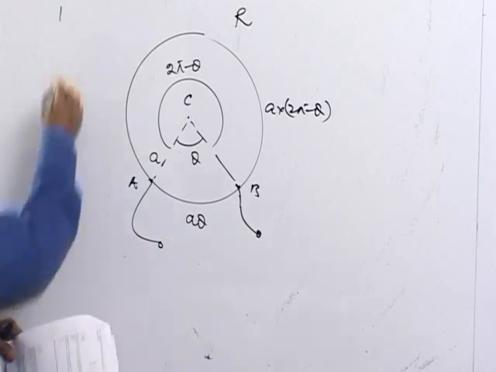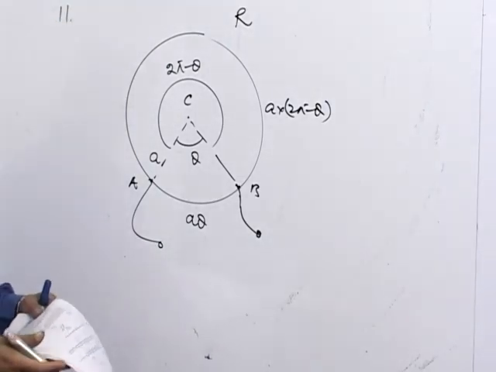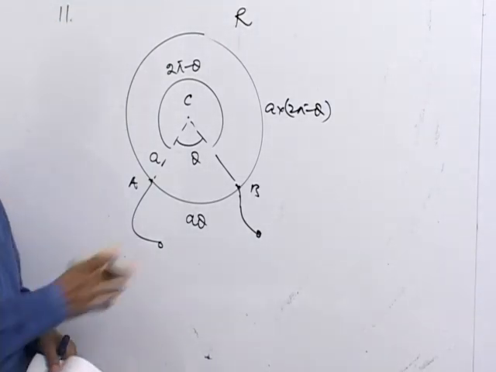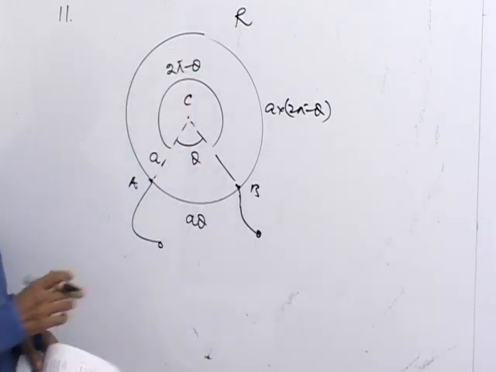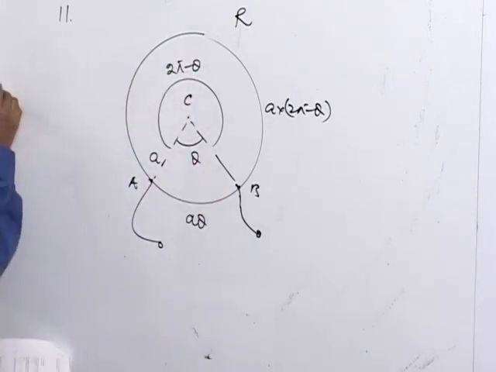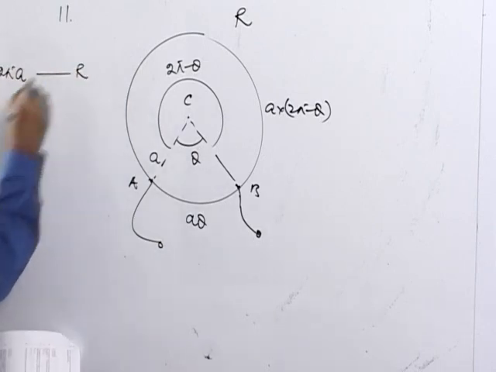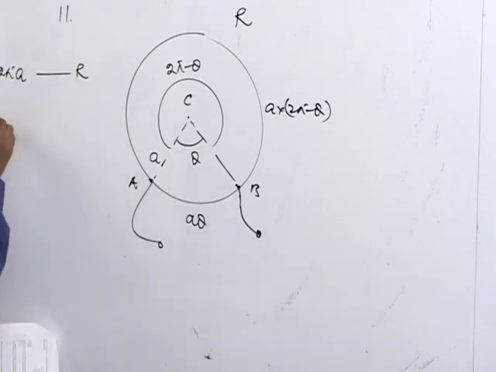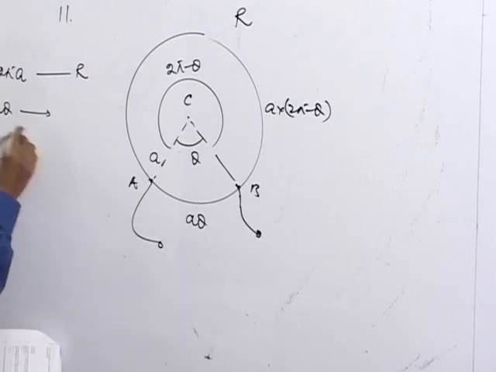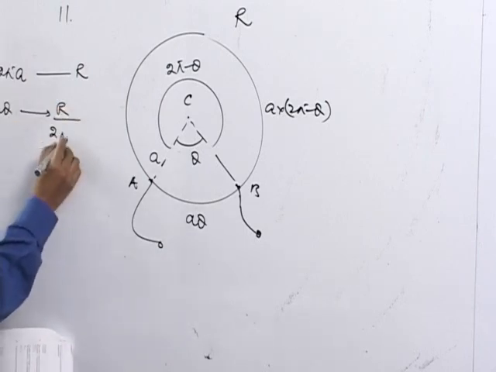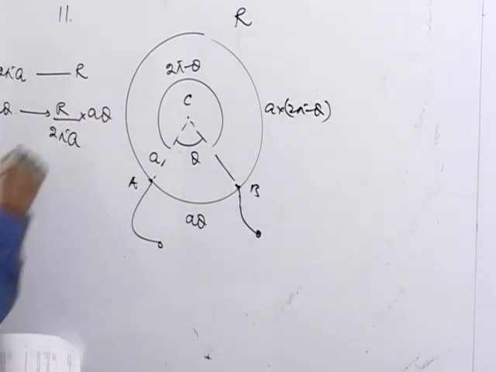Now let us apply the unitary law to find out the resistance of the two parts. The lower part: 2 pi A is the total circumference which has a resistance R. So the part of length A theta will have a resistance R upon 2 pi A into A theta.